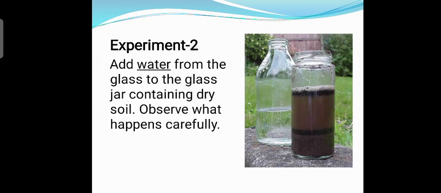Now there is a second experiment. For this experiment, you have to add water from the glass to another glass jar which is containing dry soil. Observe what happens carefully. Now you can pause the video, perform these two activities, and after taking observation, again resume the video.